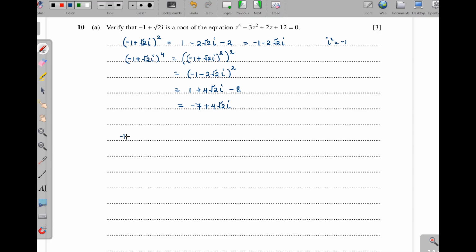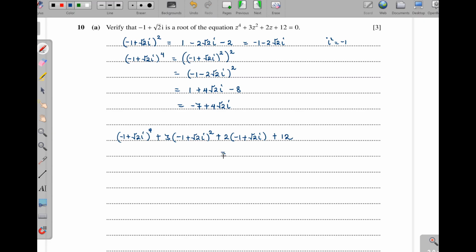Okay, let me write this, negative 1 plus root of 2i here, squared, okay, it is power 4, then plus 3, then we have negative 1 plus root of 2i squared, then plus 2 times negative 1 plus root of 2i, wherever there is z, I'm putting this, okay, then plus the 12.